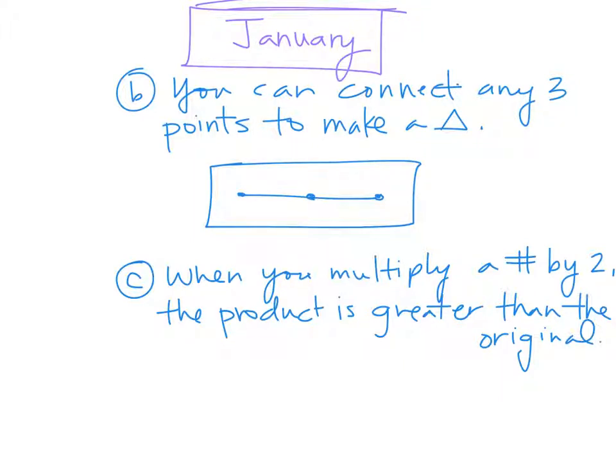Okay, when you multiply a number by 2, the product is greater than the original. Can you find a counterexample to that statement?